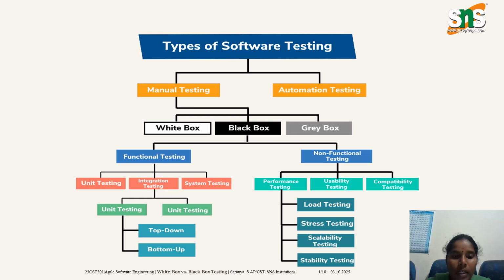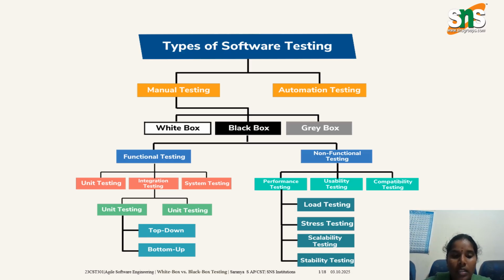And manual testing consists of three types. The first one is white box testing, the second one is black box testing, and the third one is gray box testing. The first one is white box testing.